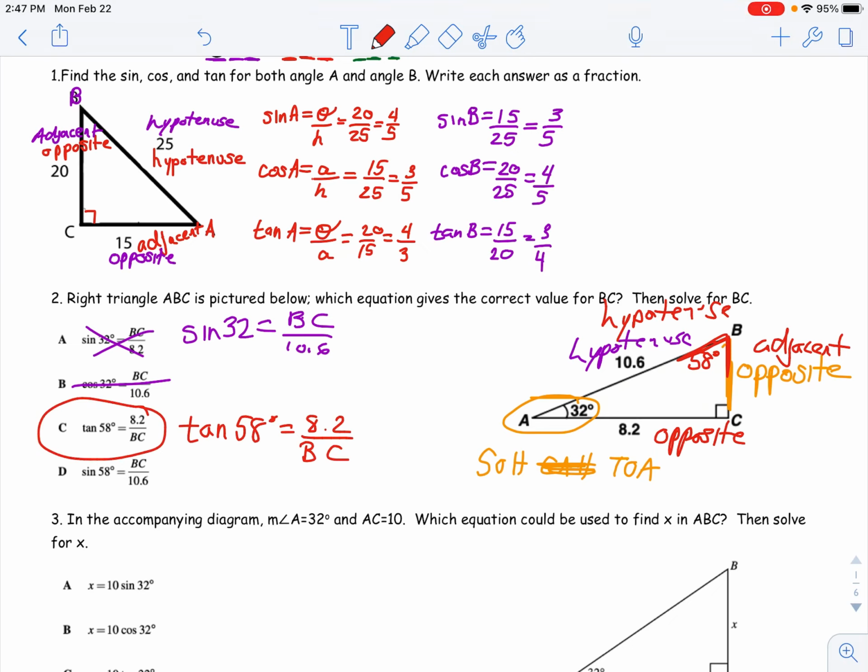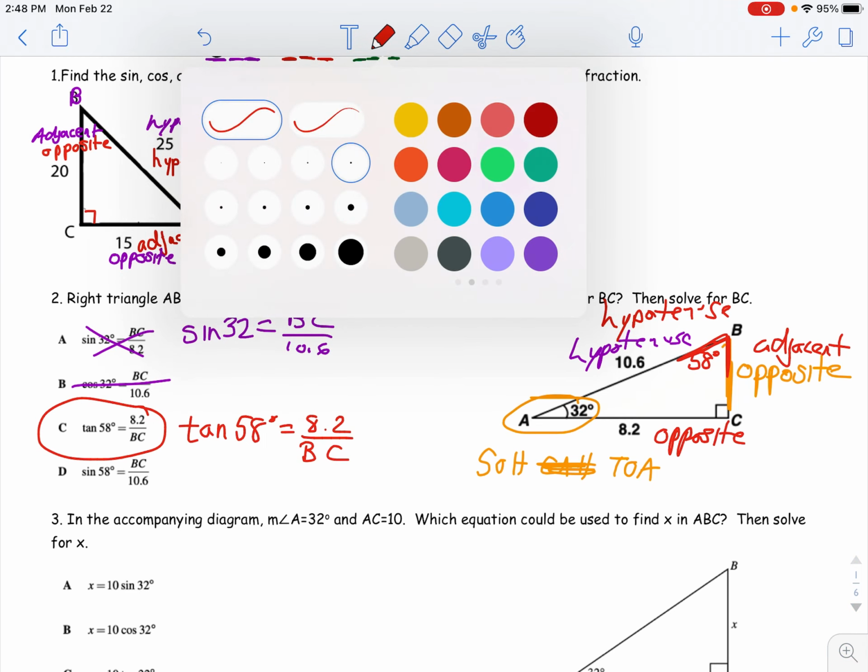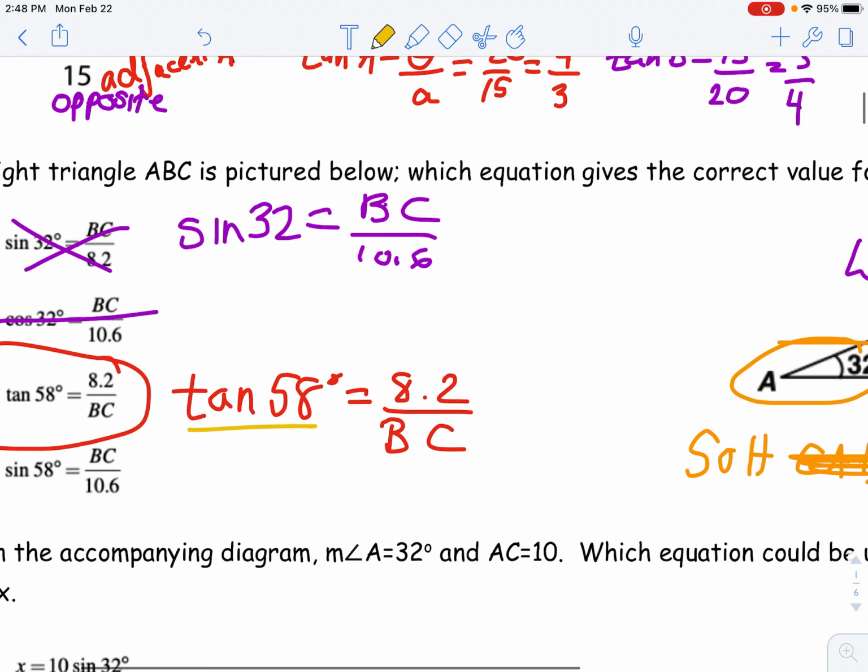Then it says solve, and remember, I don't have the split screen for a calculator right now, but tan 58, hopefully you're doing this in your calculator, it's just some number. So we must treat it as just some number. So we're going to put this over 1, cross multiply. I'm going to get BC times tan 58, remember, tan 58 is just some number, equals 8.2.